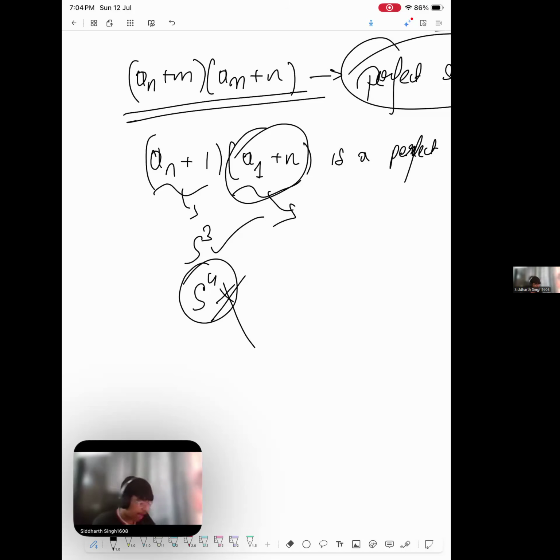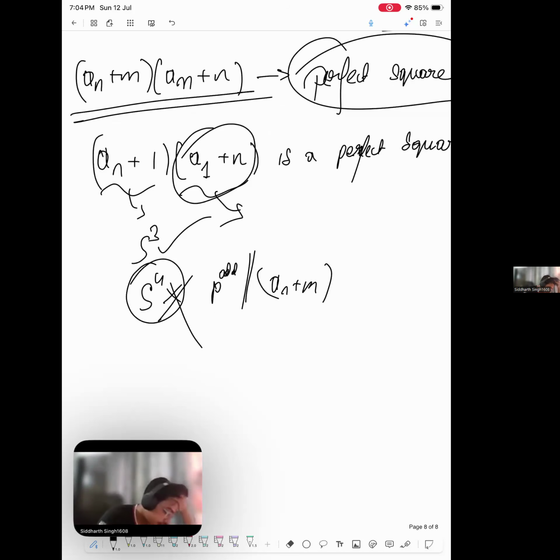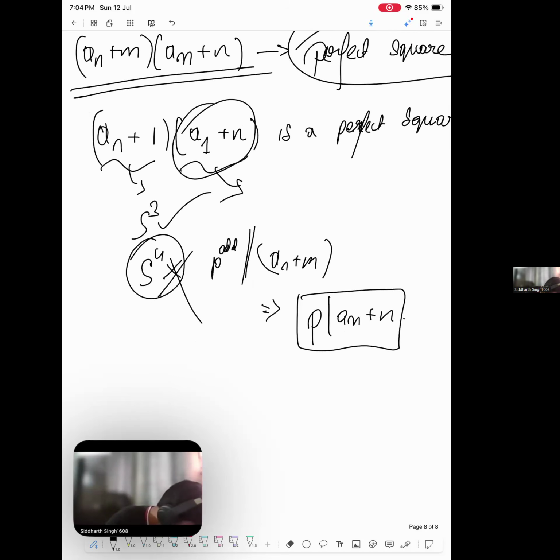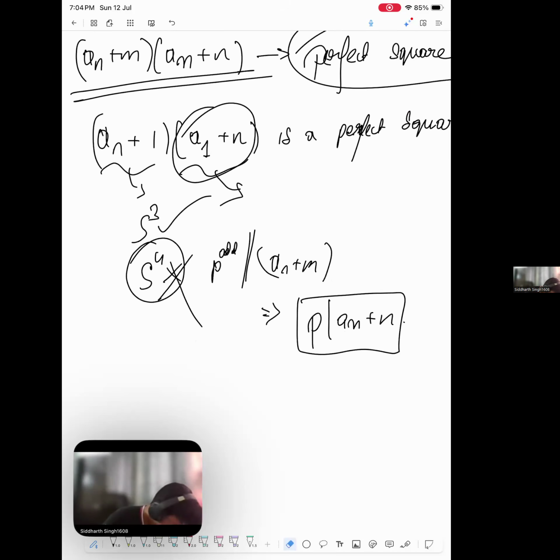I would want some odd power of this to divide this, because then that would imply that at least p divides a_{m+n}. Very interesting. Oh my God, I understand the writing must be so terrible now.